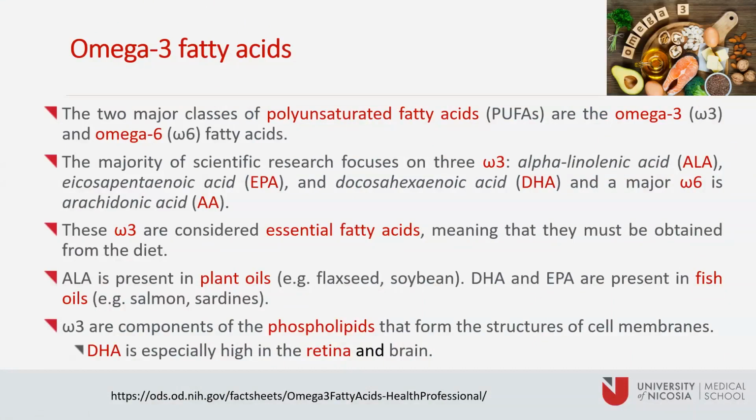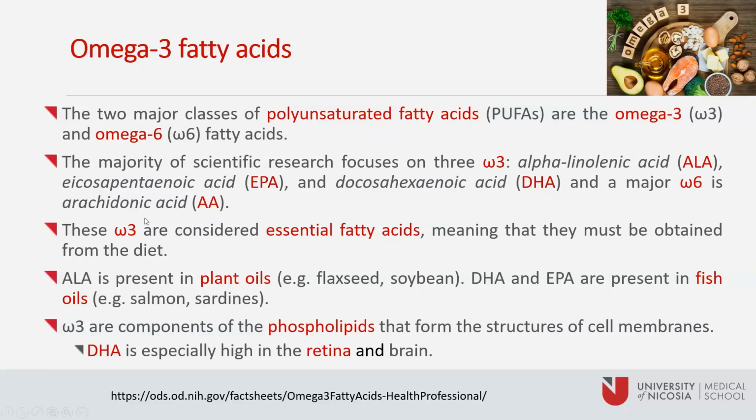So there are quite a few of these fatty acids, but the main scientific focus is on three major omega-3. So the first one is alpha-linolenic acid, so ALA. The second one is eicosapentaenoic acid, EPA, and the third one is docosahexaenoic acid, DHA. And also we have a major omega-6 fatty acid, which is arachidonic acid, AA.